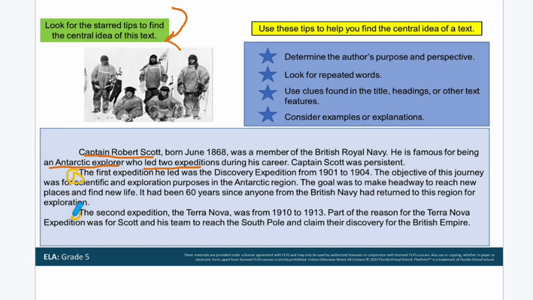Then I have my second one, which is the second expedition, the Terra Nova, from 1910 to 1913. And it tells me why they went on that. This one has 2 supporting details, not 2 main ideas.